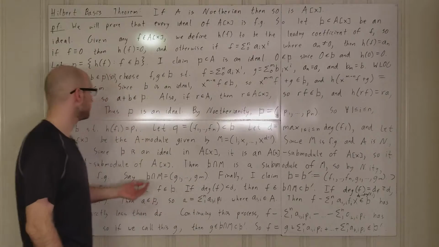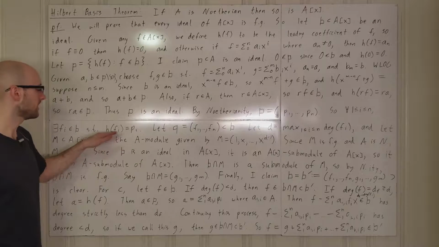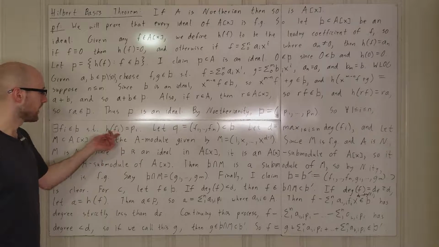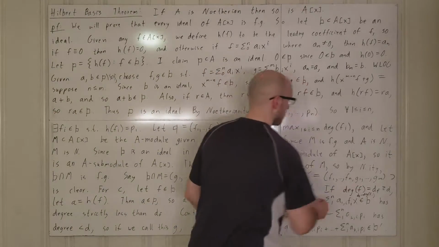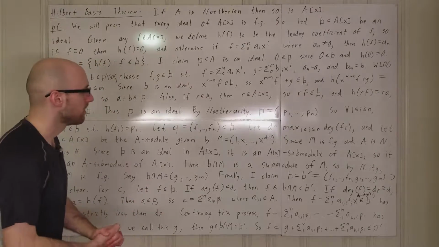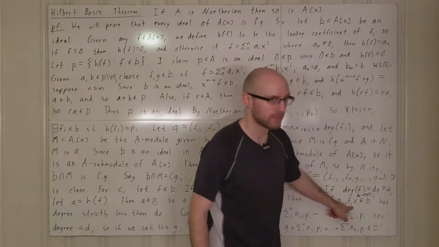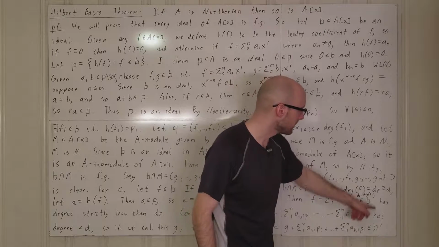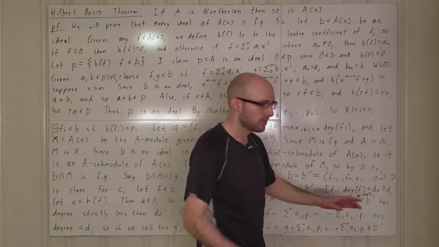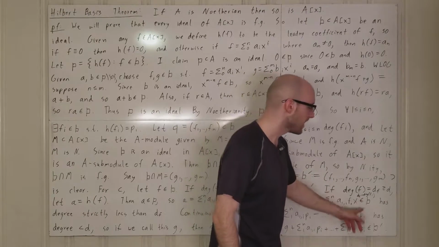Each pi is the leading term of fi, and we want this fi to have degree precisely equal to df. In order to do that, you take the polynomial fi and multiply by x to the power of df minus the degree of fi, because then you just add the degrees up and you get the degree of this thing to be df.